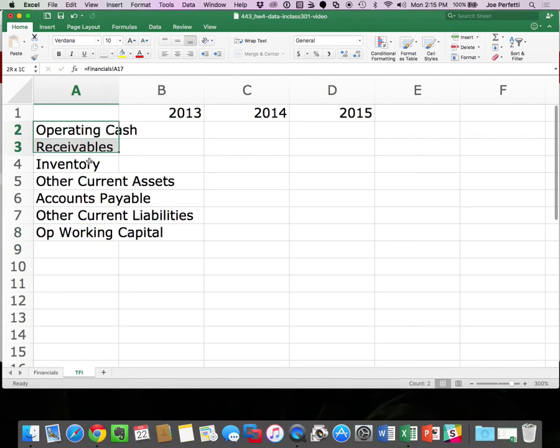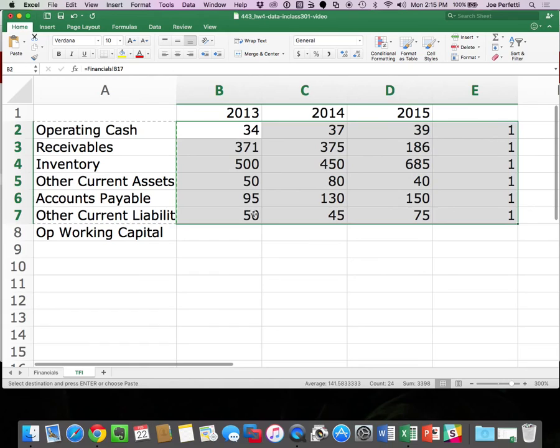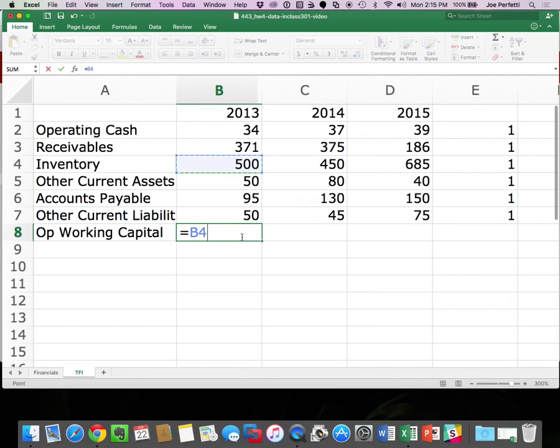All right, so when I copy and paste these over, and this is important by the ones being all together, it's anything that is an asset minus anything that is a liability.